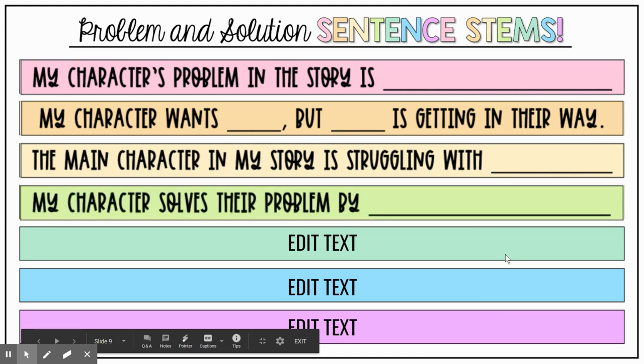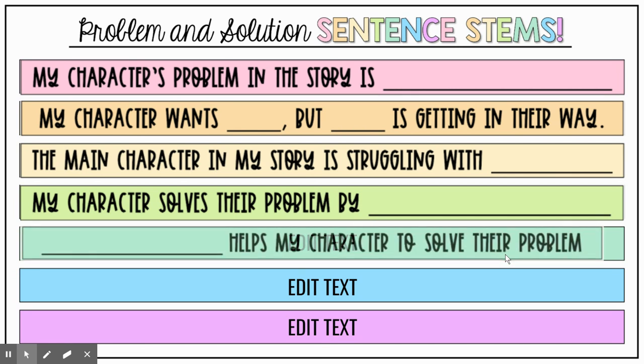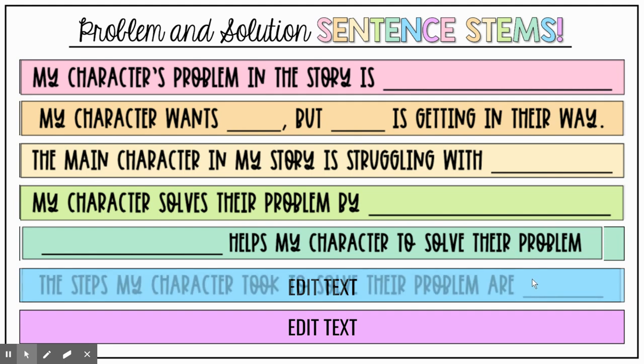My character solves their problem by, and then list the ways they solve their problem. Blank helps my character to solve their problem. So sometimes other characters help the main character to solve their problem. I think of Cinderella, the movie, and how Cinderella was the main character, but the mice and the birds helped her to solve her problem, and so did the fairy godmother.